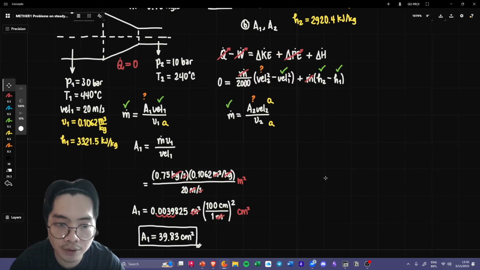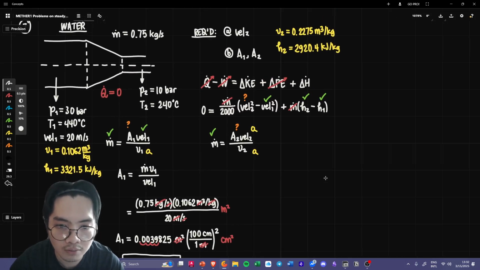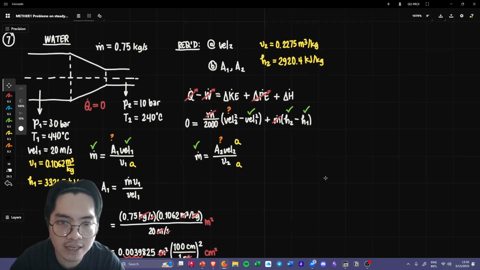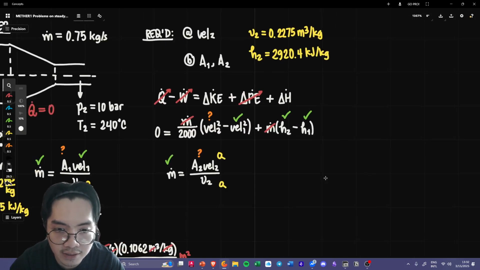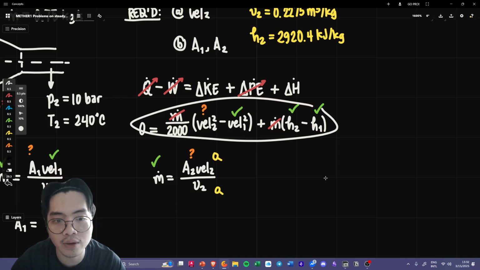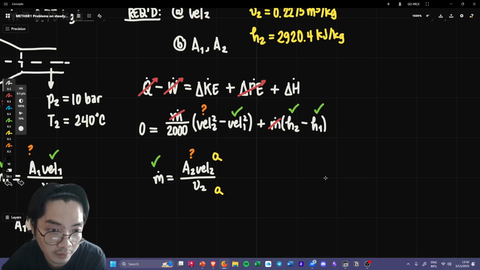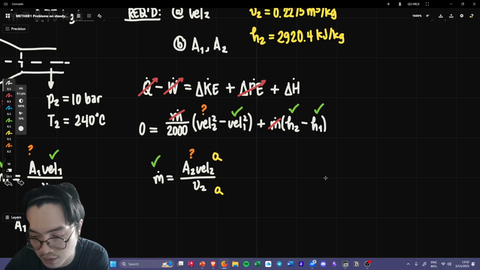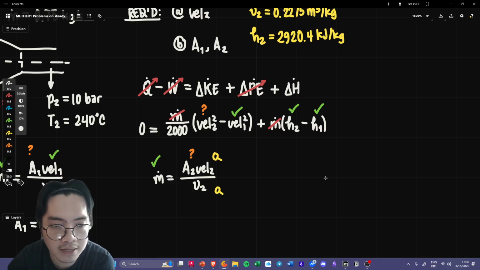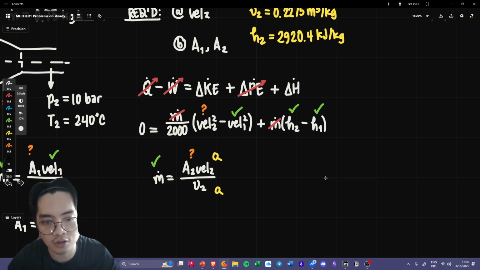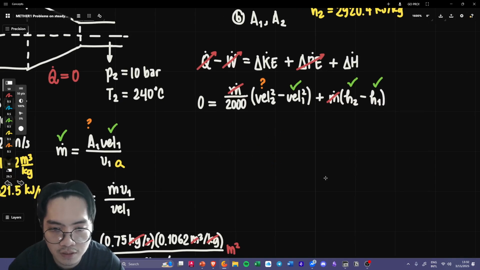Now we move on into the first law, right? What is going to be your velocity at the exit? Well, we can just compute it by going here. And mind you, at this point we don't care about the mass flow rate. We only care about it in the sense of the conservation of mass. Otherwise, let's just remove this for now.